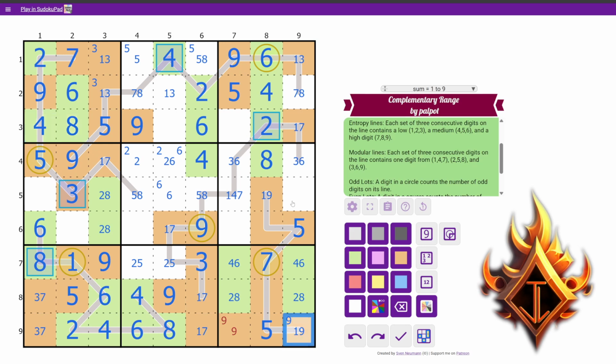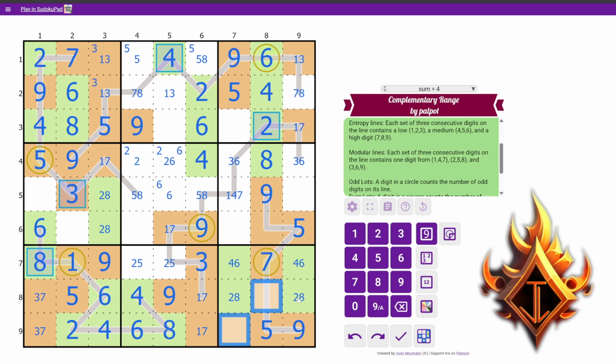Put 9 over here, so 9 goes there. This will be 1 and 3. It's okay to be either still. This will have to be 1 or 3 as well. It cannot be 3 though, because we have a 3-6 combo. So that's 1. Man, I can't hit the right key today.